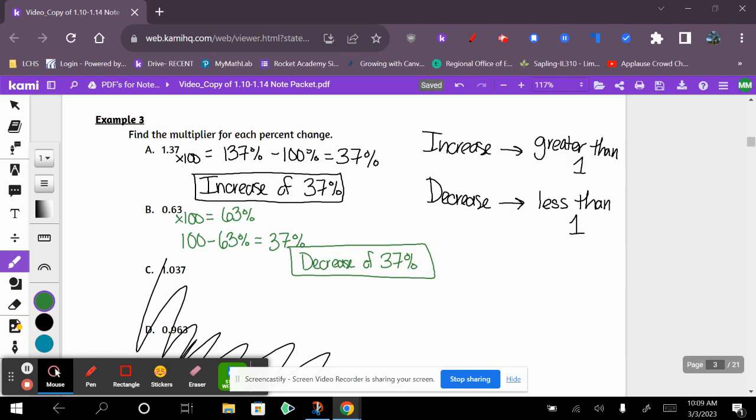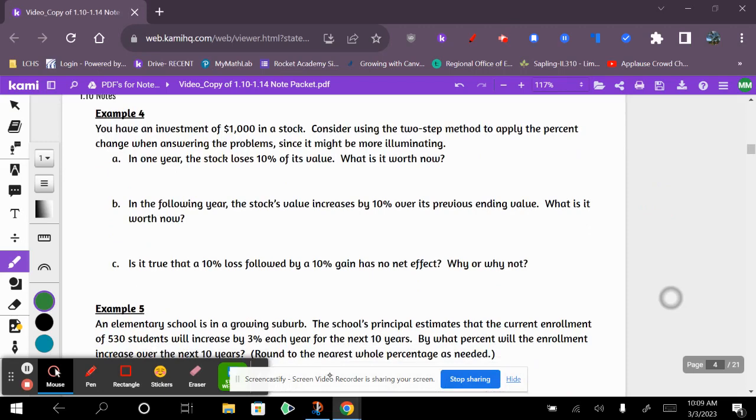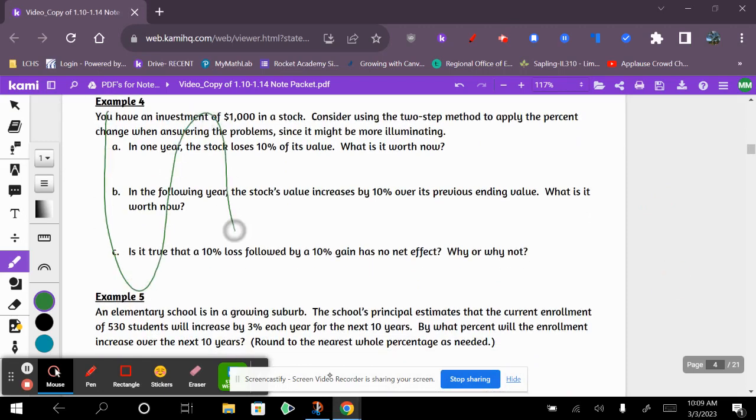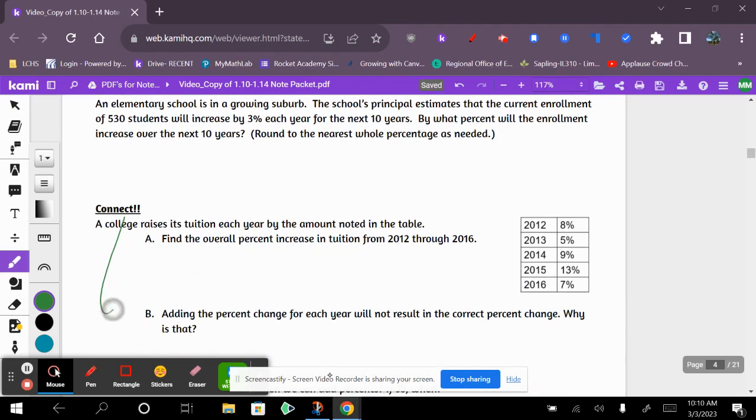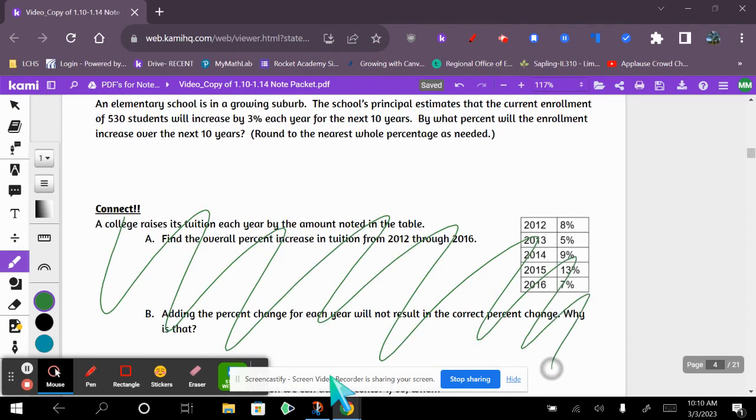The last thing we are going to do is look at example 5 on the back. So I'm going to go ahead and have us skip example 4. We will also skip the connect problem. Okay, looking at example 5.